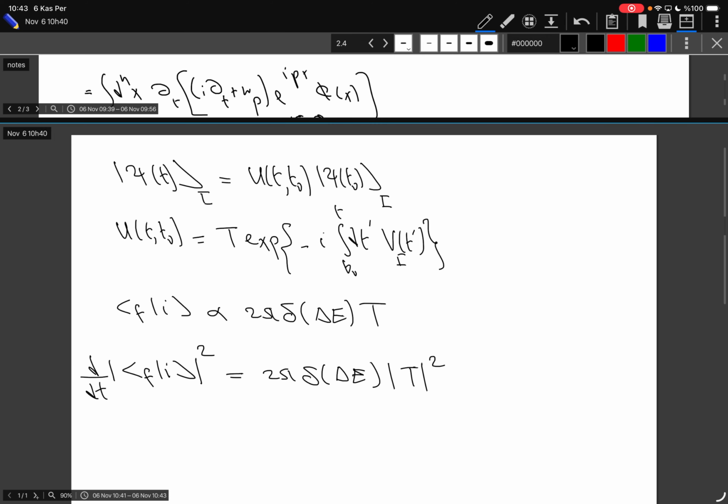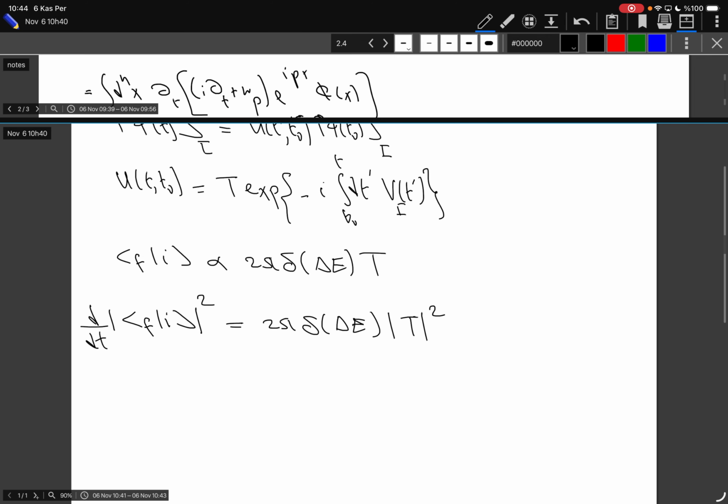And if you remember, what we obtained was that the probability was given as sine squared of delta E times T divided by delta E. And then we said that in the limit of very large T, that sine squared becomes this Dirac delta function. And then the Dirac delta function times T, so the rate was constant. The total transition probability was proportional to time. The rate of transition was just a constant independent of time. So this was what we had obtained.